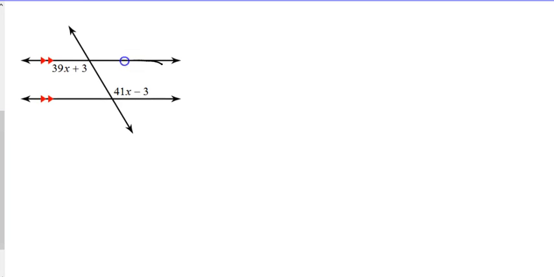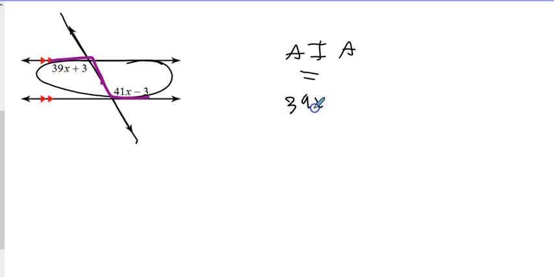All right. Both interior, opposite sides of the transversal. That's alternate interior angles. And they are equal. Notice how they are both obtuse. So, 39x plus 3 equals 41x minus 3.